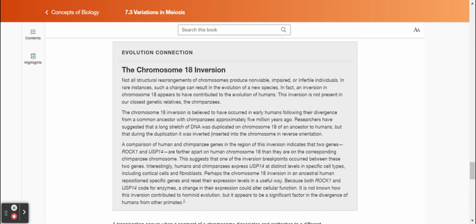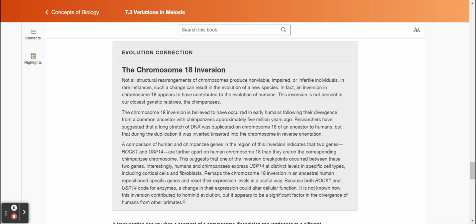This suggests that one of the inversion breakpoints occurred between these two genes. Interestingly, humans and chimpanzees express USP14 at distinct levels in specific cell types, including cortical cells and fibroblasts.